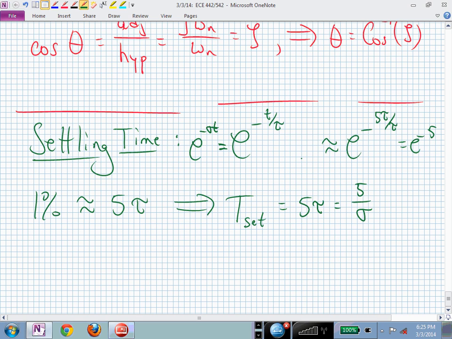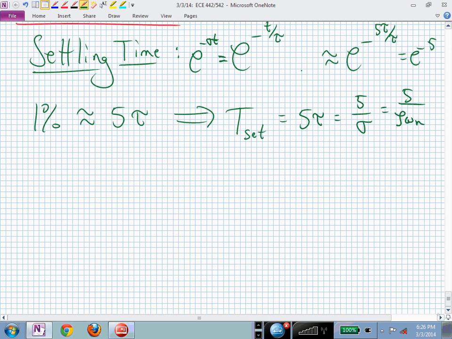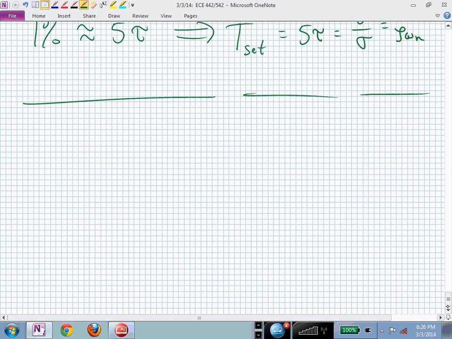Is that okay? We could also write that in terms of zeta and omega sub n. That's what sigma is. That's now our settling time. We now have three different ways of introducing design specs into a continuous time system or classical control setting.